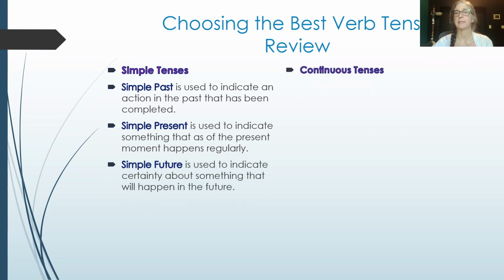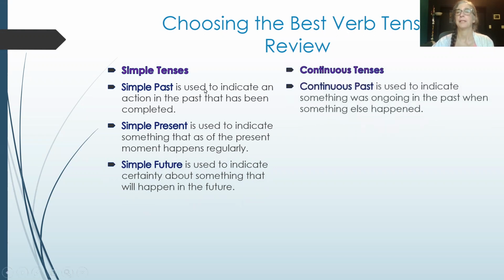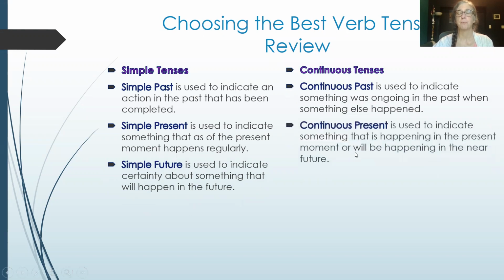The continuous tenses. The continuous past is used to indicate something was ongoing in the past when something else happened. I was cooking dinner when he came home. Continuous present is used to indicate something that is happening in the present moment or will be happening in the near future.